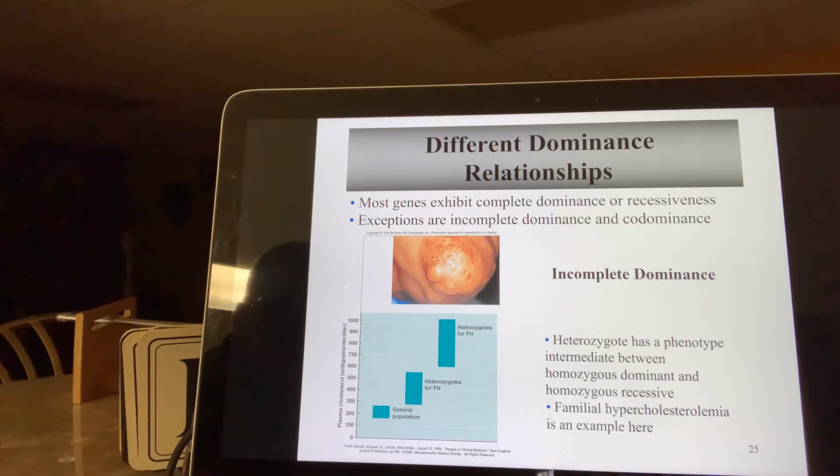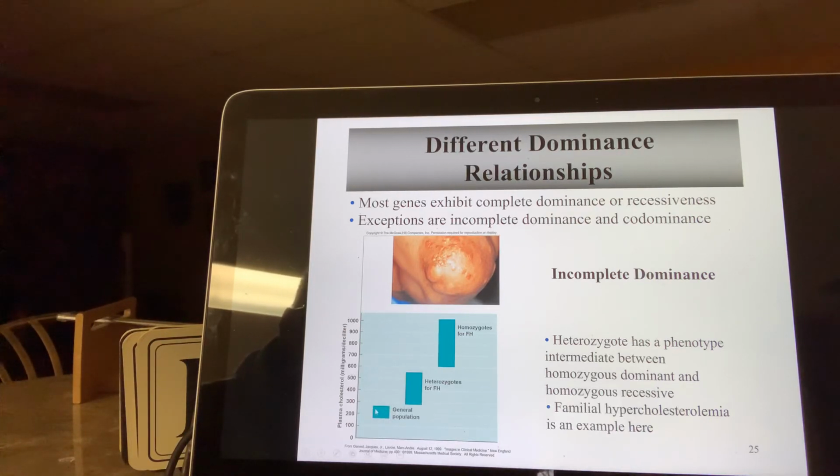In an incomplete dominance, the heterozygote is an intermediary between the other 2. In other words, the heterozygote looks different than either of the alleles. It looks like a blend of the 2. These aren't nearly as common. Familial hypercholesterolemia is an example of an incomplete dominance where there are two alleles. There's the normal allele and the abnormal allele. And if you get two normal alleles, then your cholesterol level is largely normal.